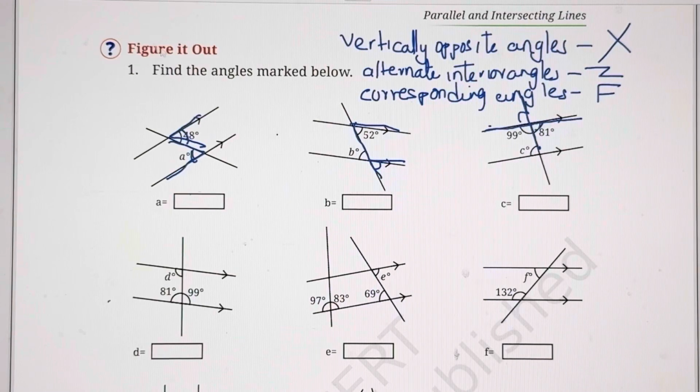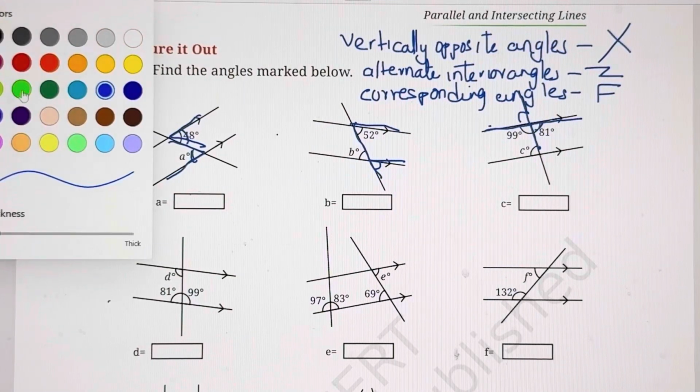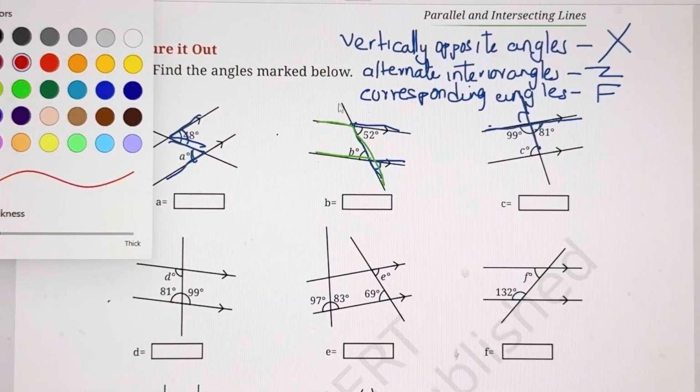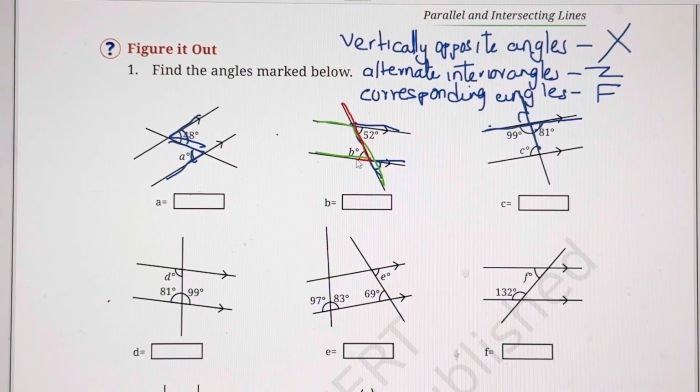Again, the orientation of F may be different. Suppose this is also F. If I show you one more F, it can be this, because there are 4 pairs of corresponding angles.